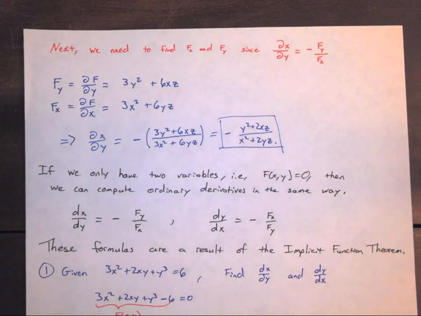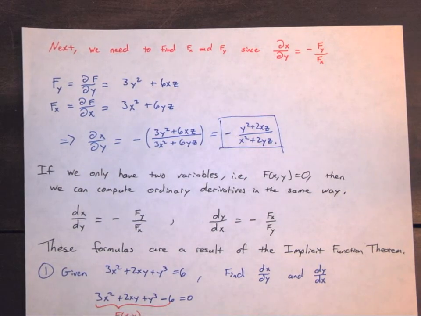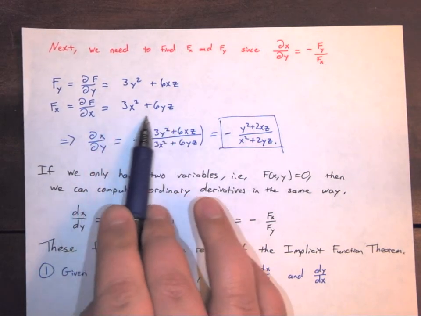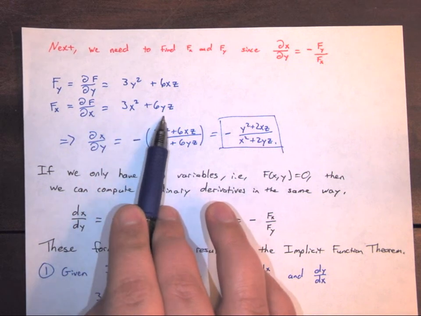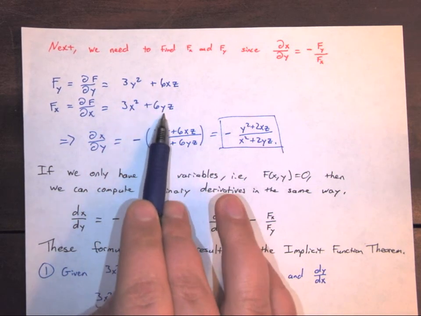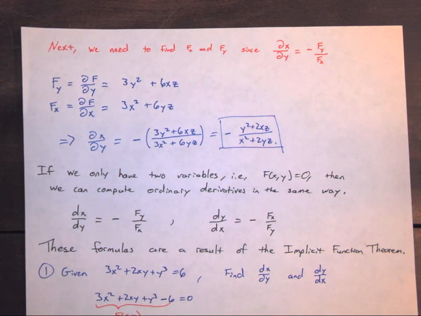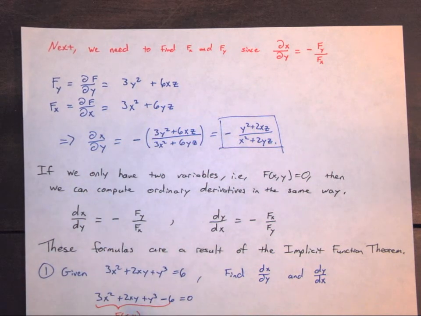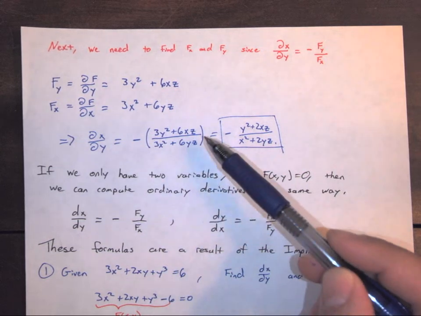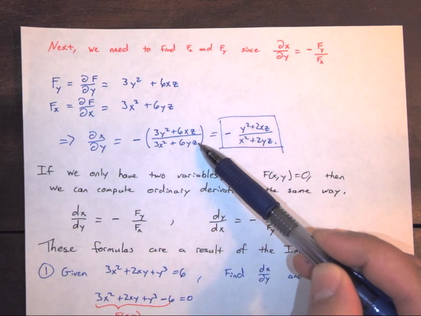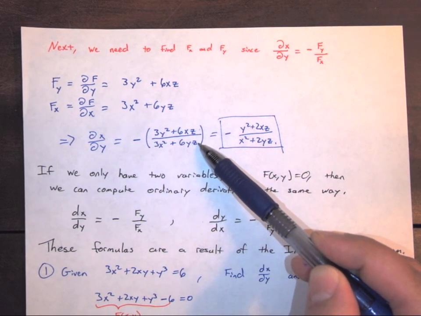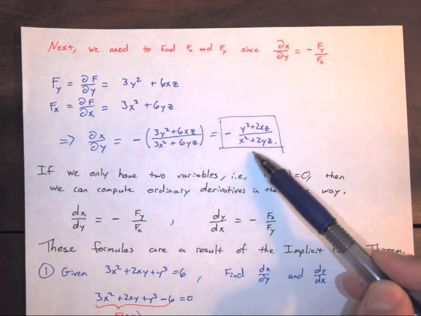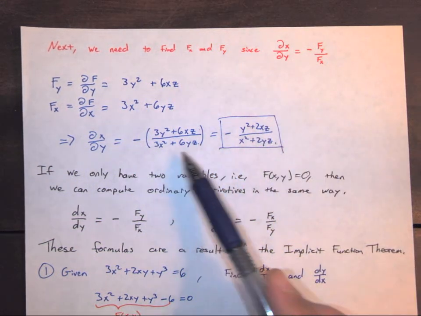So if I take this sheet away, this is what we have. That's exactly what I just said, 3x squared plus 6yz. So these are the two partial derivatives of that capital F function that I needed. So then to write my answer, I just put a negative out front. The partial derivative of that capital F function with respect to y over the partial derivative of that capital F function with respect to x. And then I can factor out a 3. And really these are both the same thing.